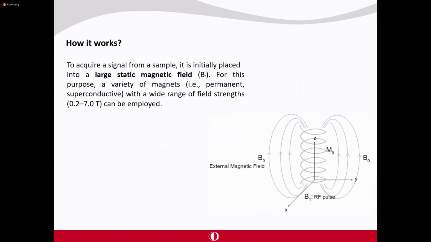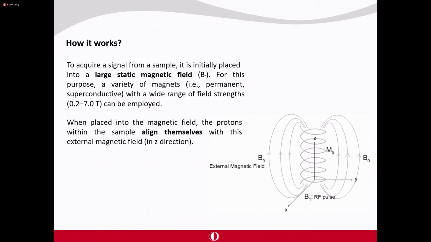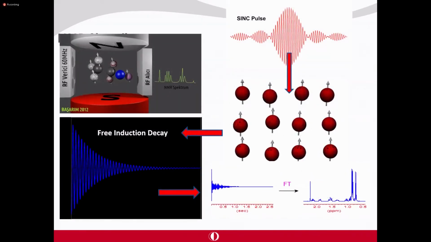And to acquire a signal from a sample, it is initially placed into a large static magnetic field. And for this purpose, a variety of magnets with a wide range of field strengths can be employed. When placed into the magnetic field, protons within the samples align themselves with this external magnetic field, and a net magnetization is created.